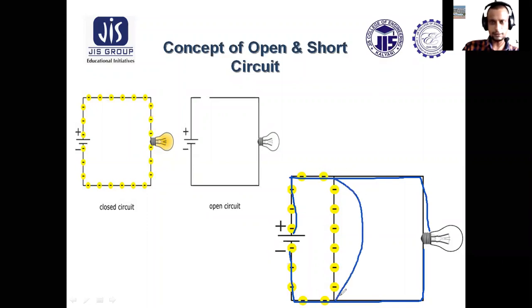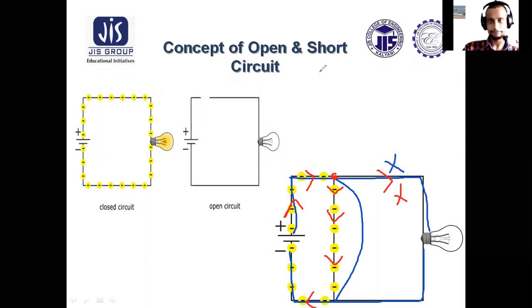If these two points are connected by a thick wire, what will happen? Actually, a current will be flowing through this path. Now, when current comes to this point, it will flow entirely through this path. No current will be flowing through the bulb.